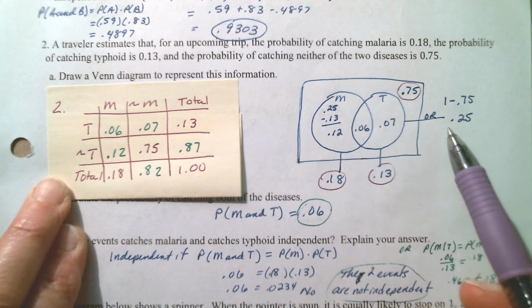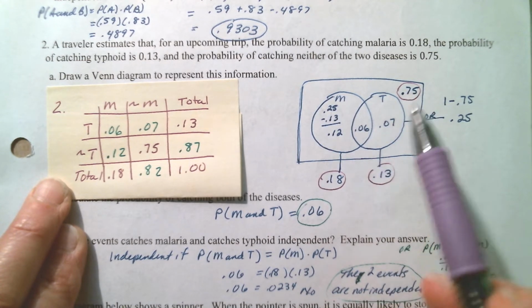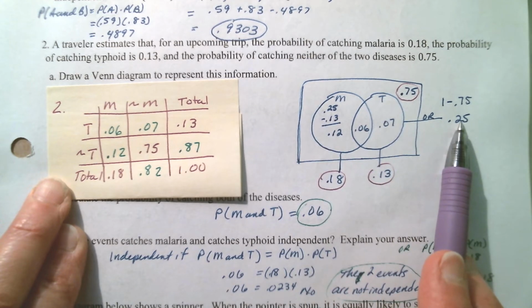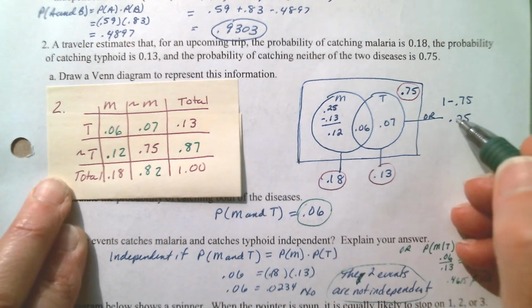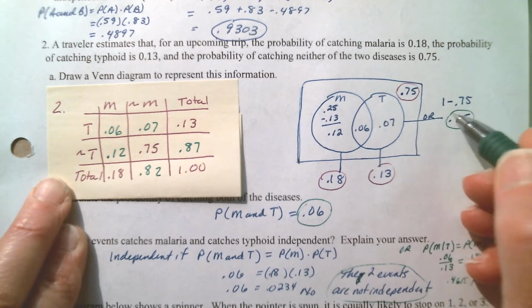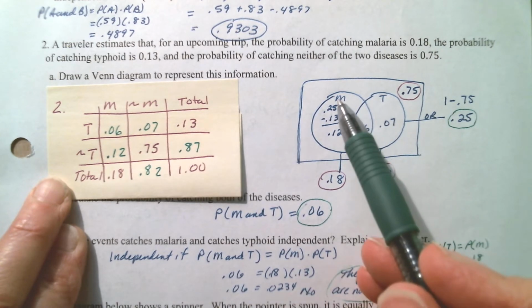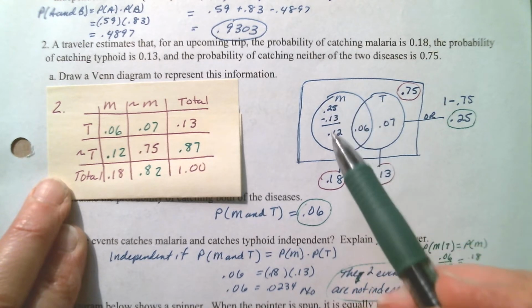So right away, if this outside is 0.75, then that means this area is 0.25. So I would have gotten that by 1 minus 0.75. And then I said, okay, well, what's this piece here?